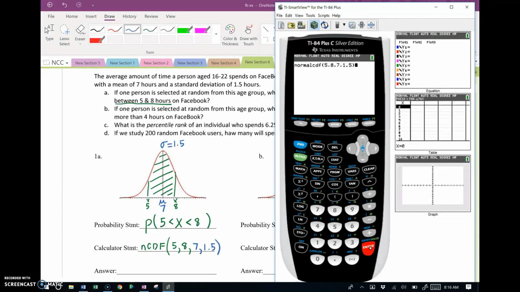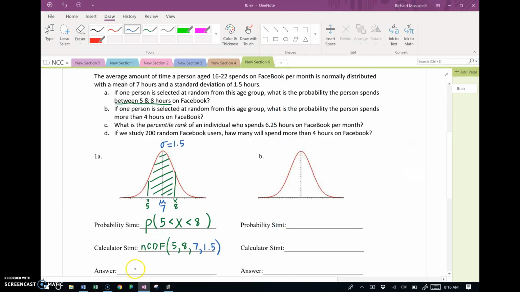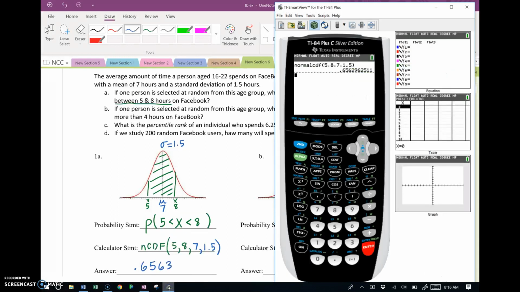The new menu is nice, and if you want the new menu, you could come visit me during office hours, and I could share the updated operating system with you. All right, so let it crunch it. That's 0.6563 approximately. Now, as a percentage, that's about 66%, right?